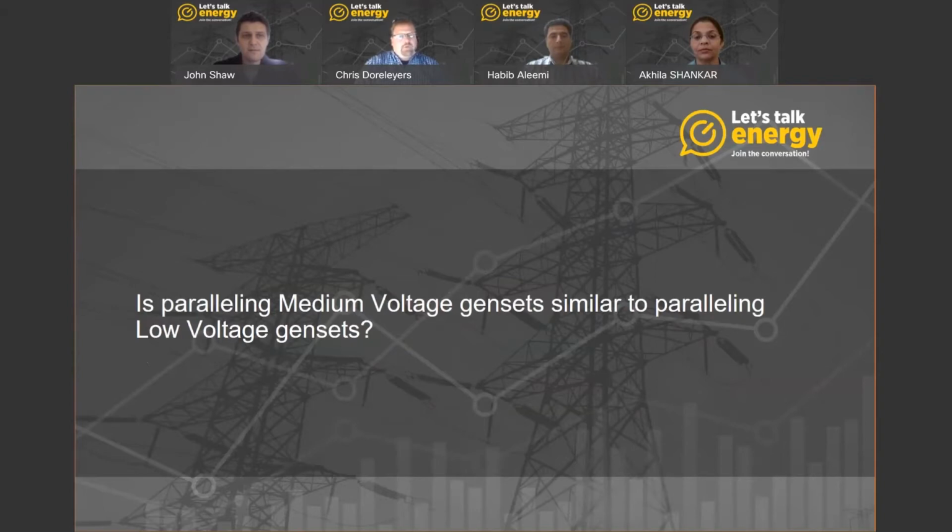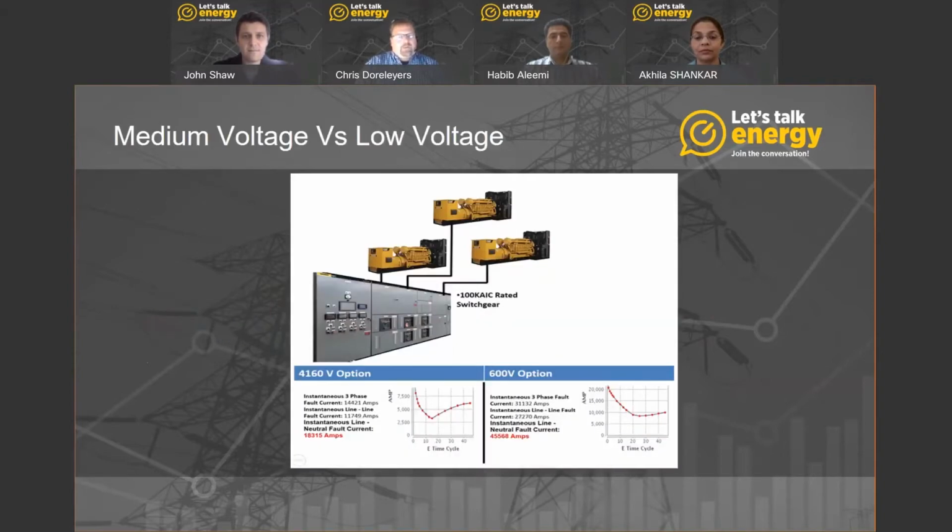So John, if we go to the next slide, we take this example here, and if we were to look at the low voltage option, 600 volt, and try to parallel 3 generators, we can see under the red item here that about 45 kA of fault current is produced by each generator. And as we can see, that sum total would exceed the 100 kA rating.